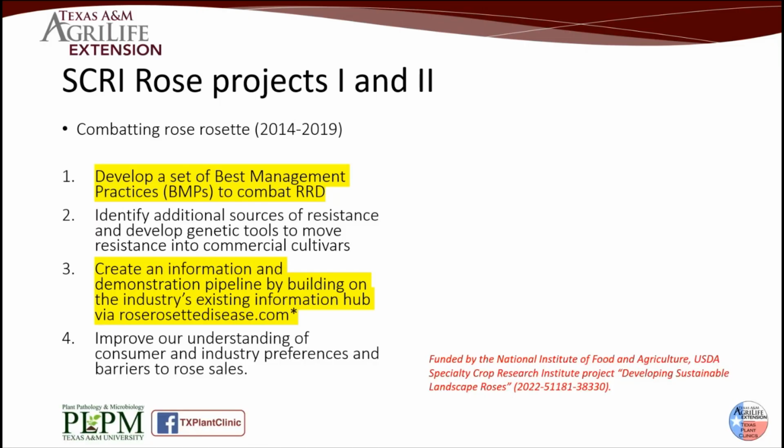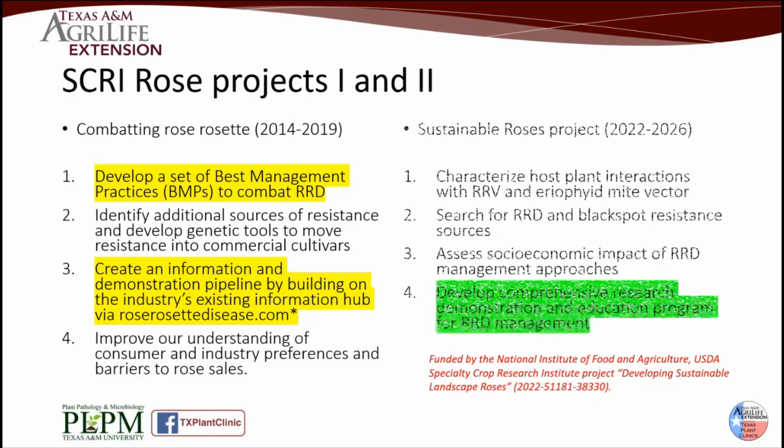But I just want to draw your eyes to those two things that I highlighted, because what I highlighted was what we somewhat achieved at the end of that project. The ones that are not highlighted were what we would have liked to have gotten, but I think we didn't quite get there.